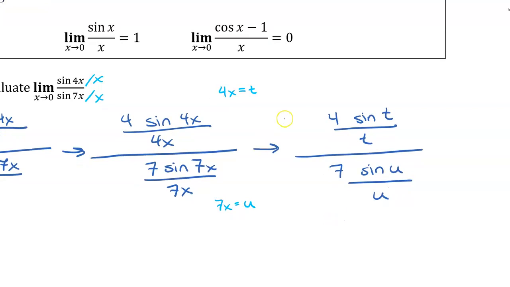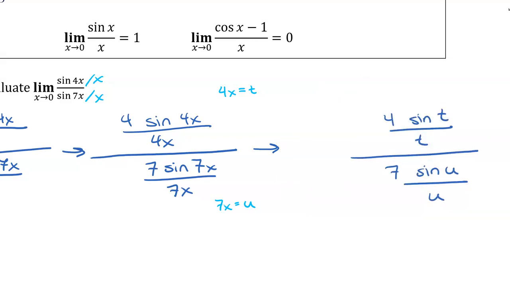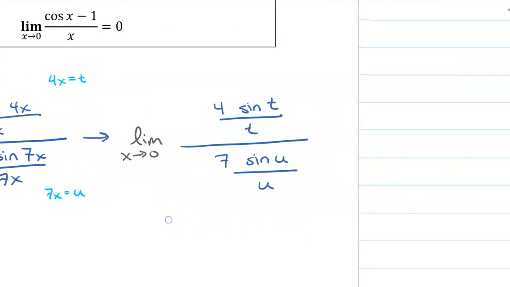So the limit as x approaches 0 of that would give me 4, and then the limit as sine x over x is 1 as we approach 0, so that'd be times 1 over 7 times 1.